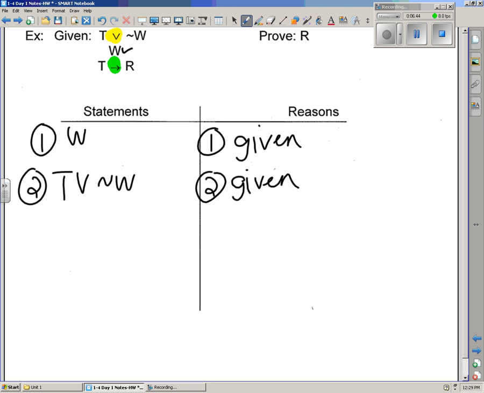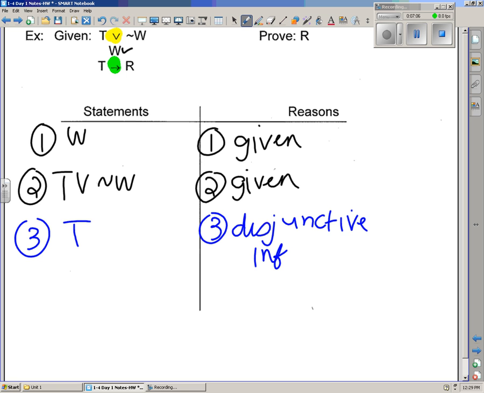Well, if T or not W is true, and plain old W is true, then what I have to figure out is that T must be the true statement, and that would be because I use the disjunctive inference. I'm going to sort of shortcut that and just call it disjunctive inference.